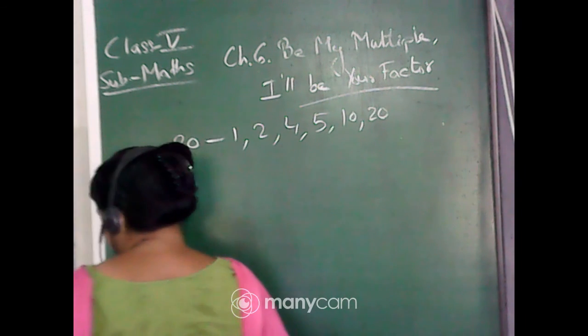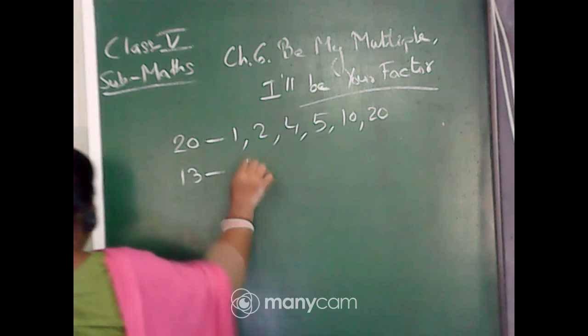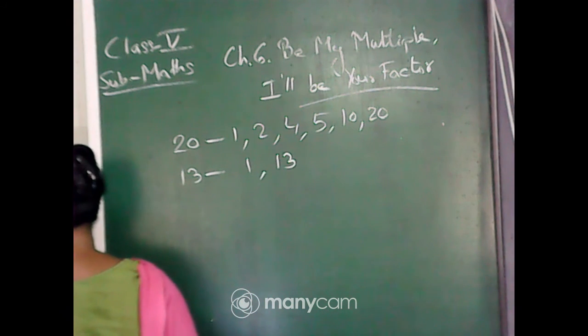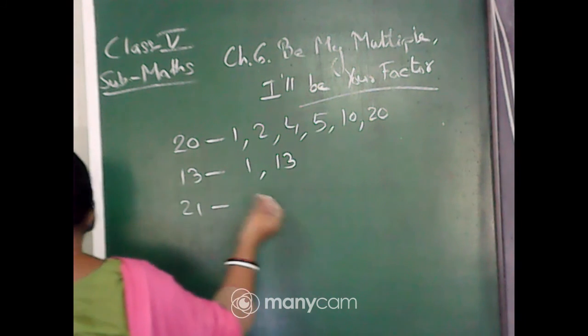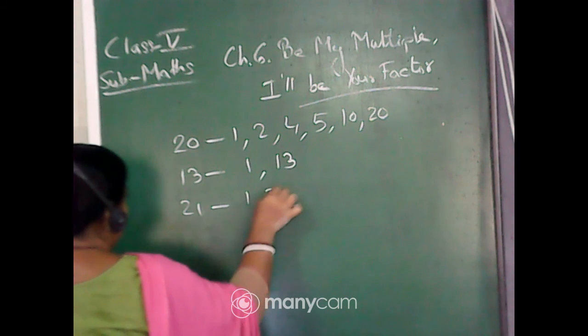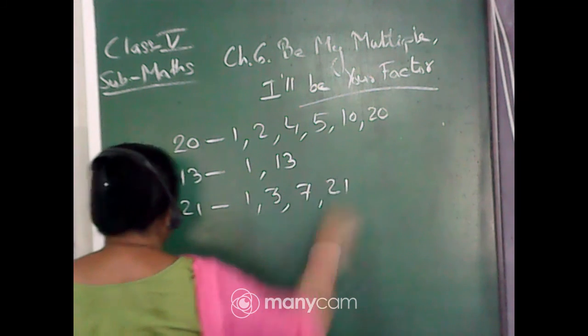Next one is 13. 13 comes in the tables of 1 and 13 itself. 21 comes in the tables of 1, 3, 7 and 21 itself.